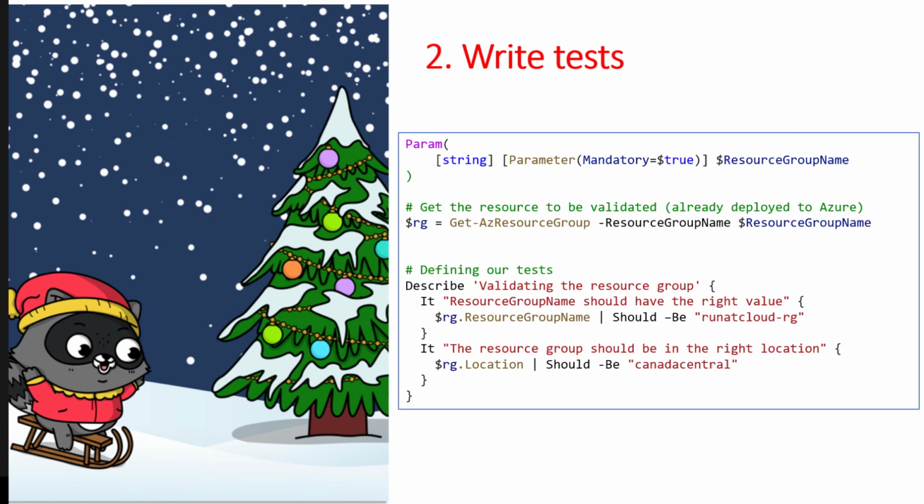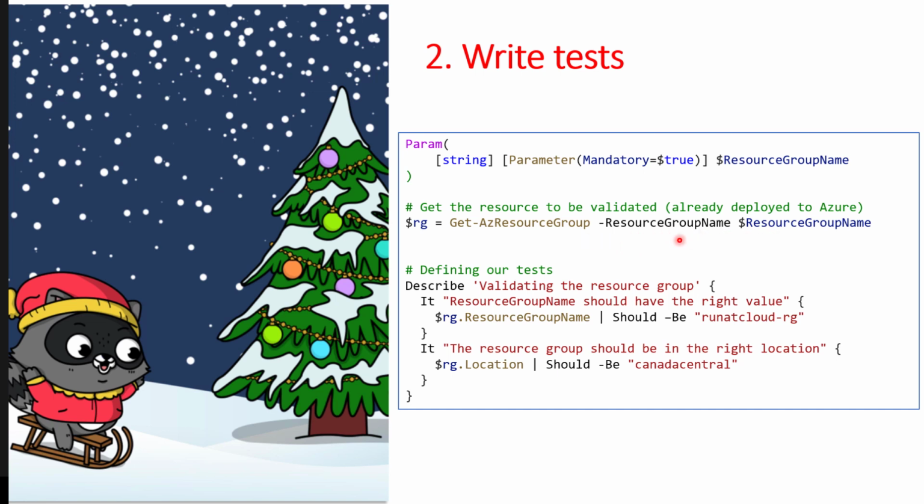Next, we want to write our test, and here we have a basic example of a test. As you can see here, we are passing some parameters to that test. In this case, the resource group name, and we are saying that this parameter is mandatory. Then we obtain the resource that we want to test.